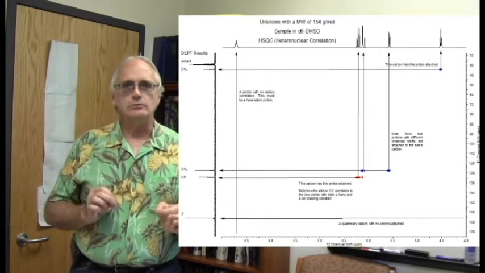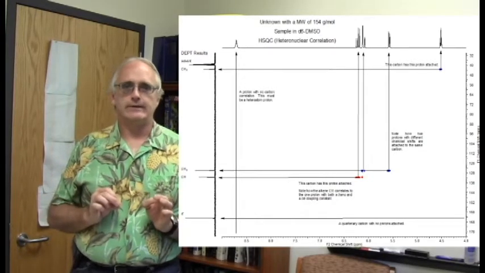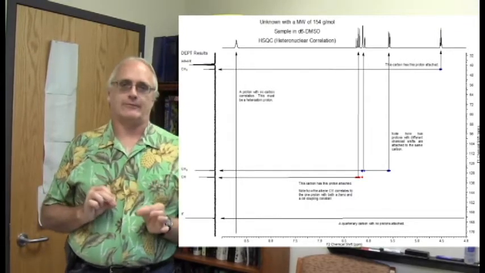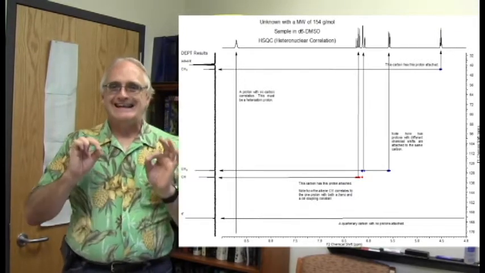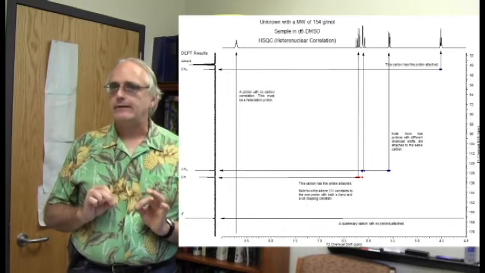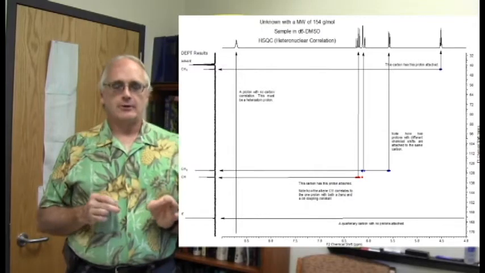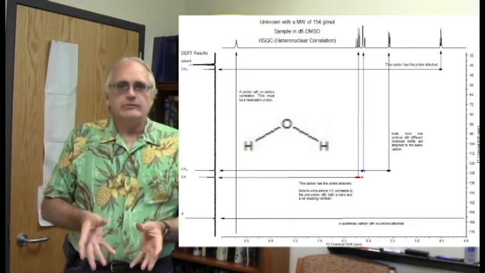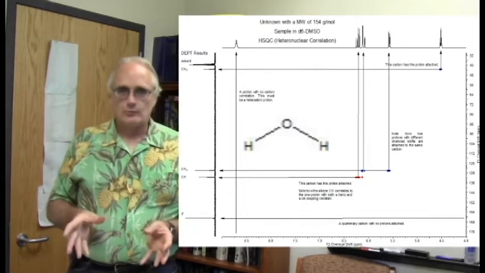There are 2 heteroatom protons here. Now, think carefully about that for a moment. 2 equivalent heteroatom protons. How do you do that? You could put 2 protons on oxygen, but you get water. There's nothing else you can do with it. And this is not water.